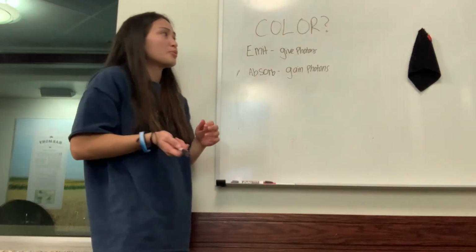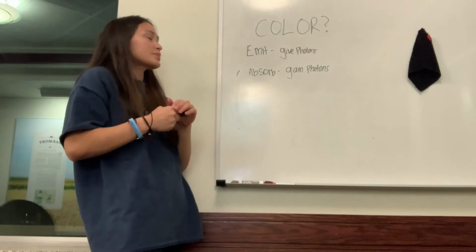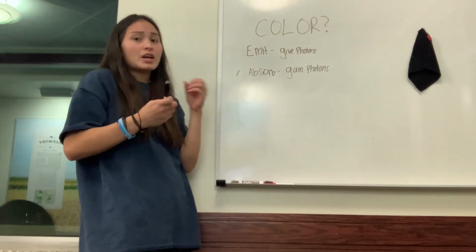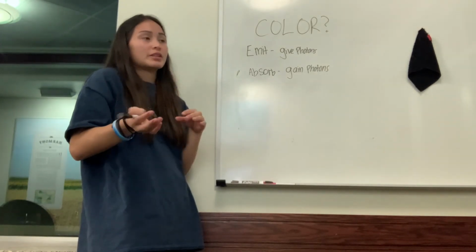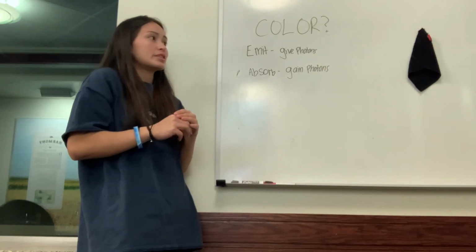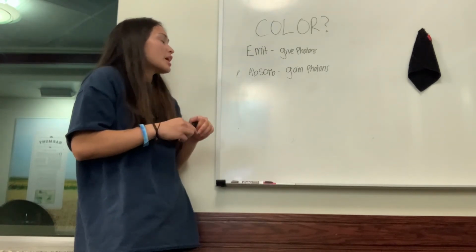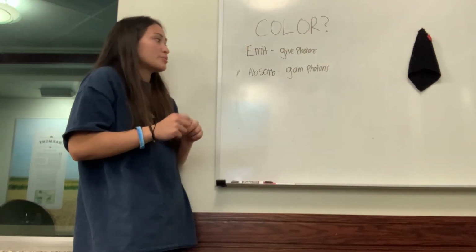Something that I wanted to point out has to do with when we see color. We know that when we are emitting or giving off photons, we are losing them. And if it's being lost at the right wavelength, then we are able to see this in color. However, we can also see color in another way, and it happens when photons are being absorbed.